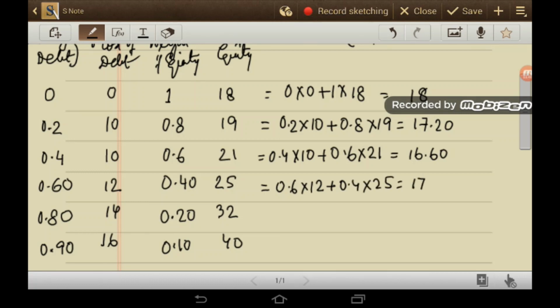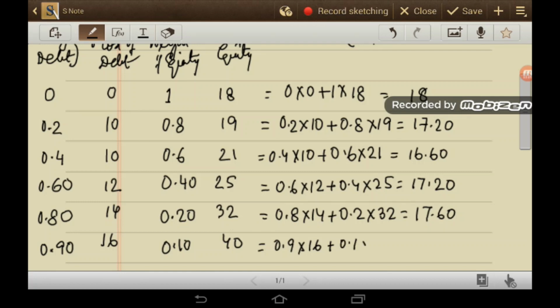So this will give you 17.20. 0.8 into 14 plus 0.2 into 32. So this will be 17.60%. And the last one, 0.9 into 16 plus 0.1 into 40. So this will give you 18.40.